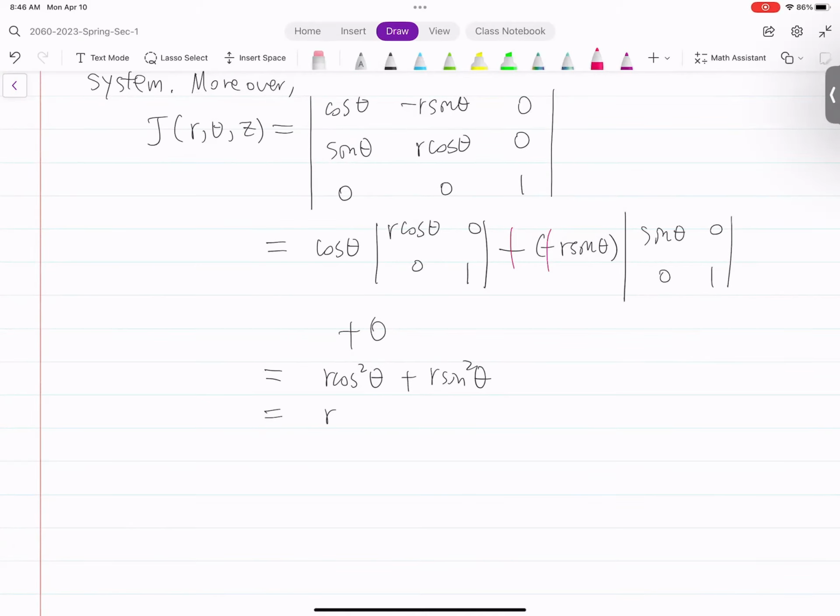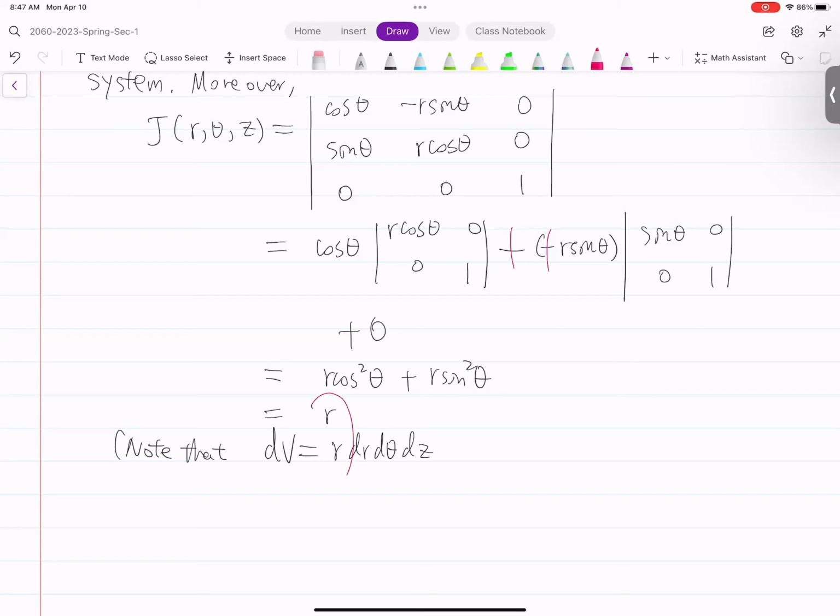So you see here, the translation is going to introduce an additional r if you want to switch the volume from one coordinate system to another. So note that the dV that we had for the cylindrical coordinates is r dr d theta dz.